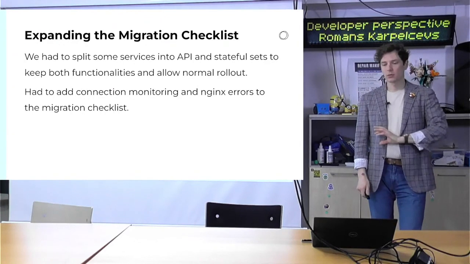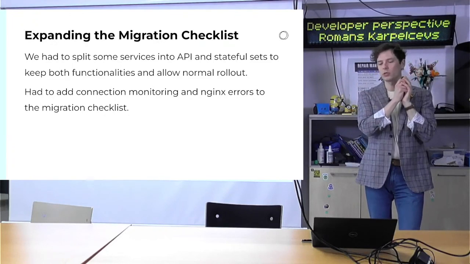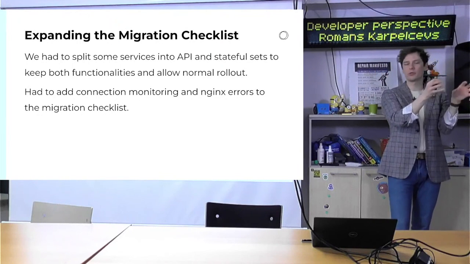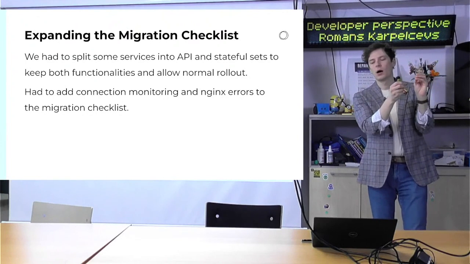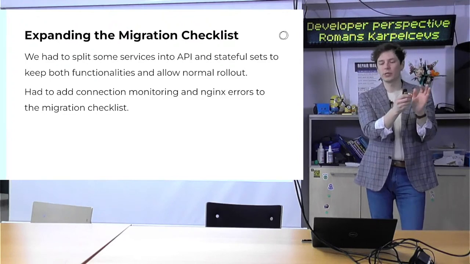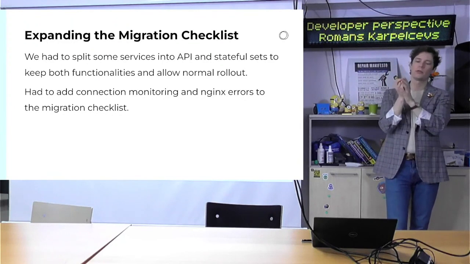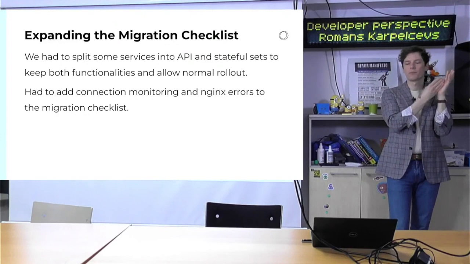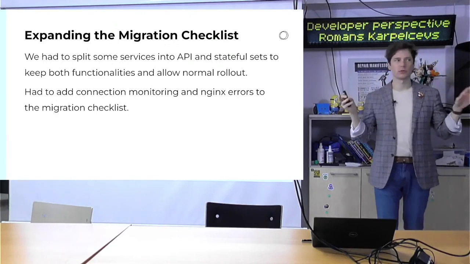In some cases, the rollout was causing duplicate events created for the customer because 2 services were running at the same time. Alternatively, when we made it into a stateful set, it was first torn down and then recreated, but then we caused some issue with another service communicating with this one. And so we had to split some of the services into 2.